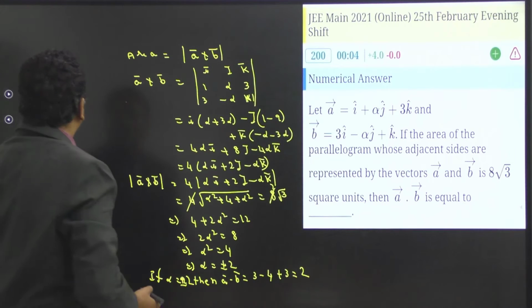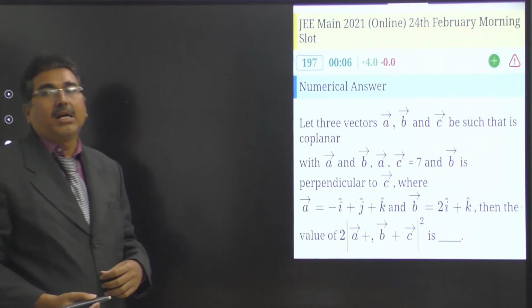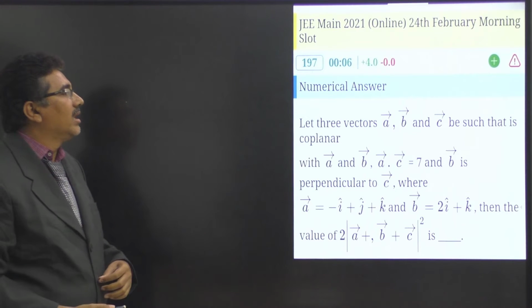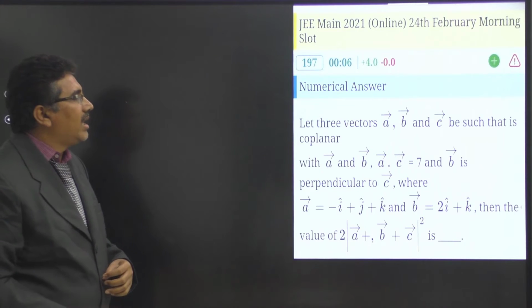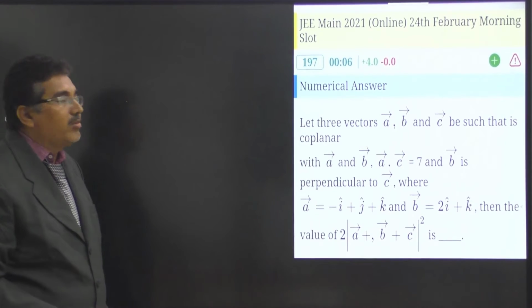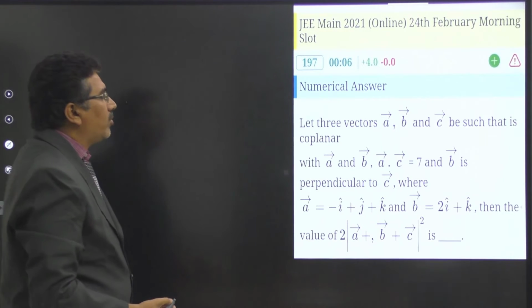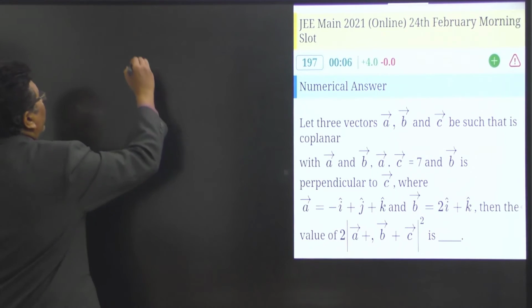Now, let three vectors a bar, b bar and c bar be such that c bar is coplanar with a bar and b bar.